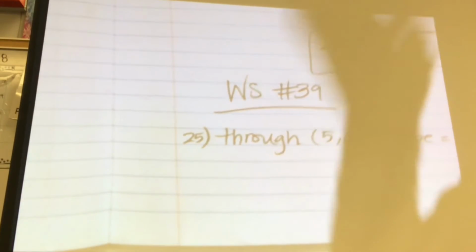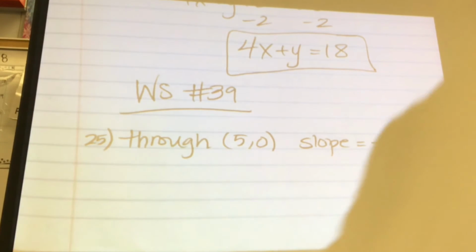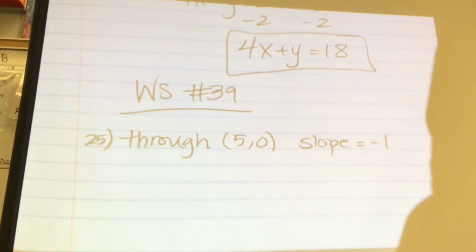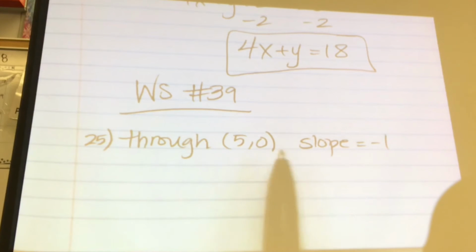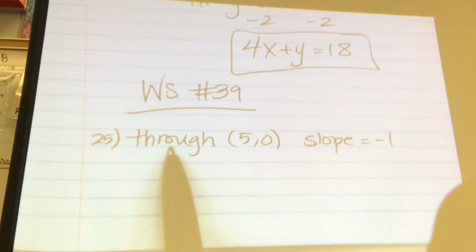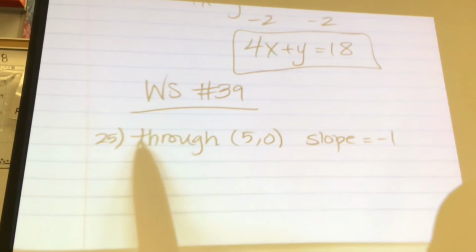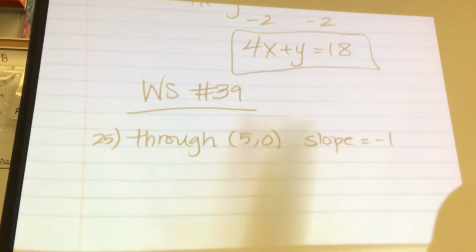You can't see. Oh, how about that? What information did they give me? They give you a slope and they give you a point. They give me a slope and a point. A point and a slope.